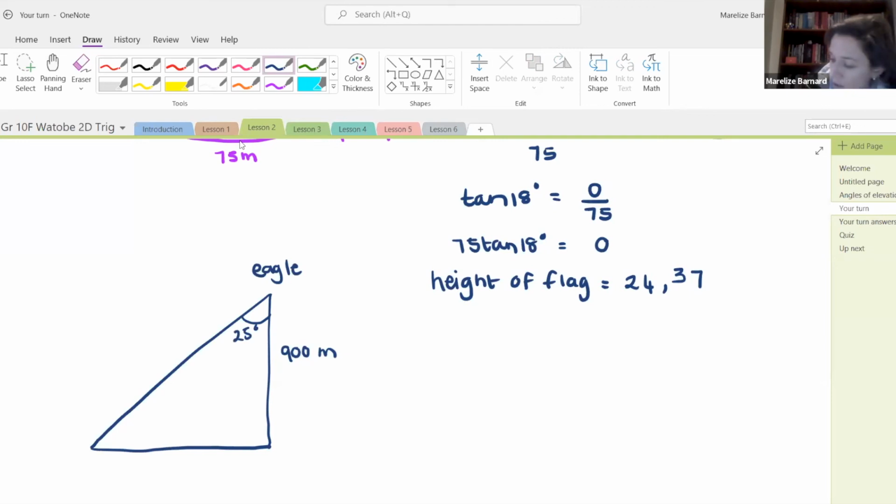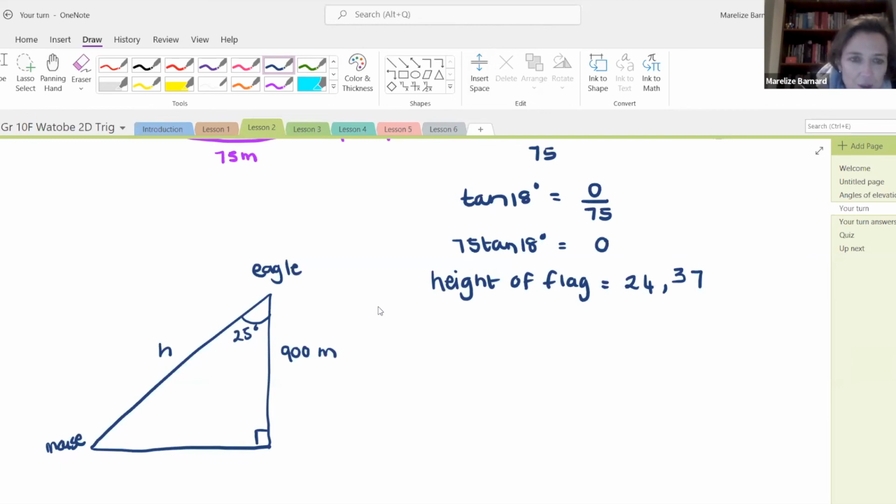Okay, so the mouse is over here, and they want to know how far does the eagle have to fly to get to the mouse. Some of you have already done answers. Well done. Excellent. So check that your sketch is correct, and then we can do everything in one go, because it seems like you guys are ready.